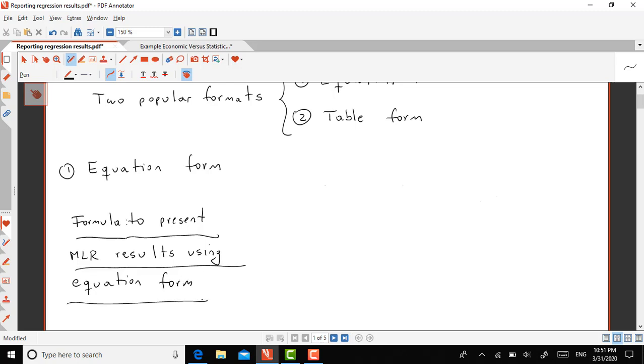Well, in this formula, of course, first you present the results in the form of an equation. So you put your dependent variable, your intercept, the coefficient corresponding to each of your independent variables in the first line.